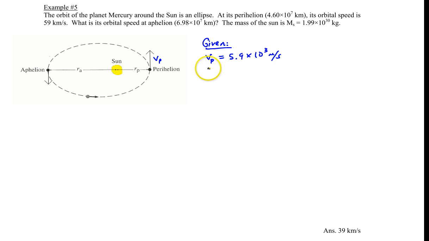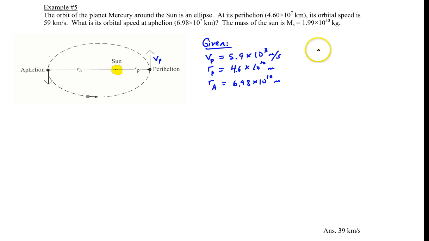We're also given the distance r_p, which we need to convert into meters as well, is 4.6 times 10 to the power of 10 meters. And we're also given the distance at aphelion, which is 6.98 times 10 to the power of 10 meters.